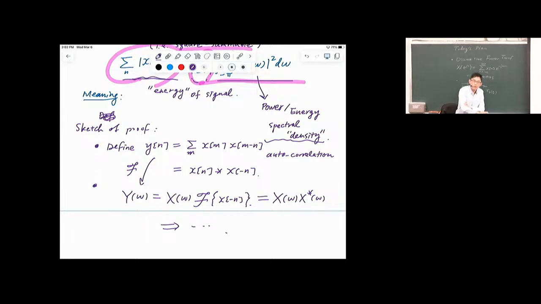But I want to mention that in tomorrow's discussion, if you look at the first homework, it has 2 questions. The second question asks you to use the Parseval theorem. Just in terms of using it, it's a good exercise. You can calculate the sum of squares not in the time domain, but in the frequency domain.